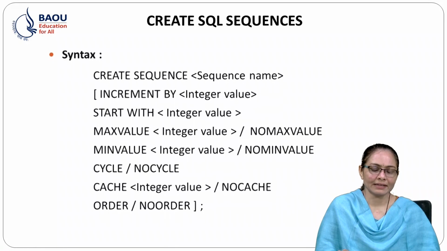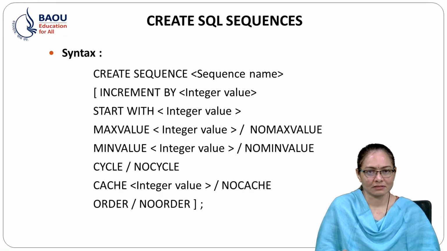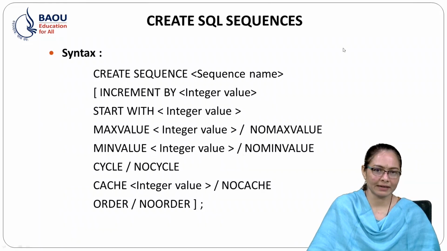Now create the SQL sequence. This is the syntax of the SQL sequence. First is CREATE SEQUENCE, then the sequence name. In the square brackets, INCREMENT BY, START WITH, MAX VALUE, MIN VALUE, CACHE, CYCLE, ORDER BY, these are all optional.